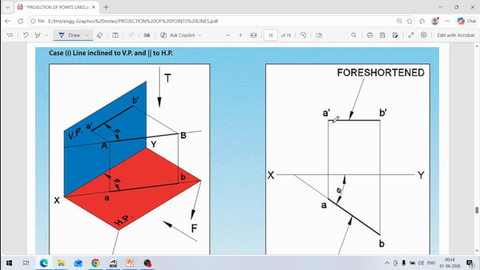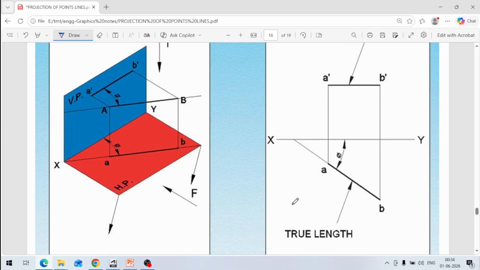It is not a true length. It is shortened because point B is projected here, B dash, and A is projected here, A dash. These are the projections of the line in this case because it is inclined to one plane. So one line will be true length, and the other line will be shortened.